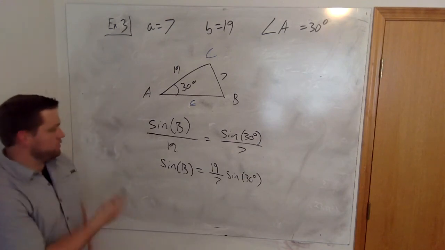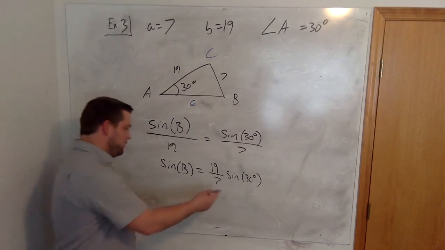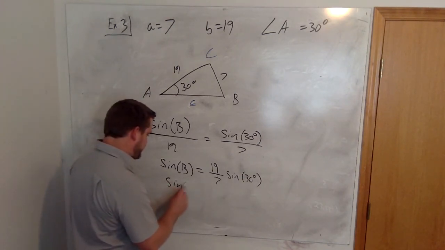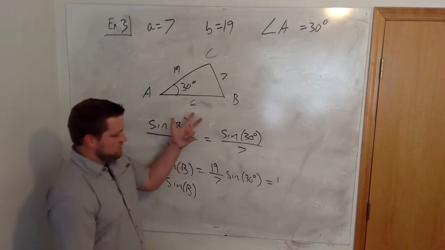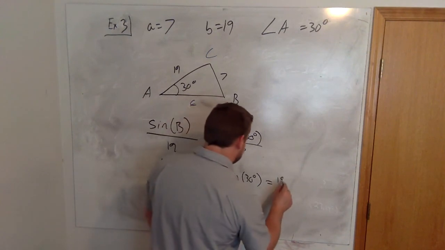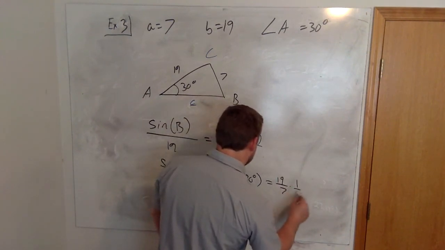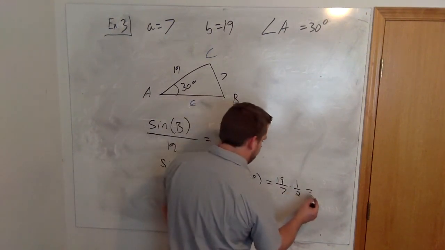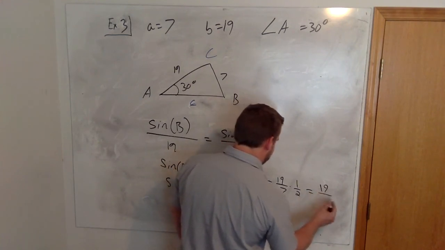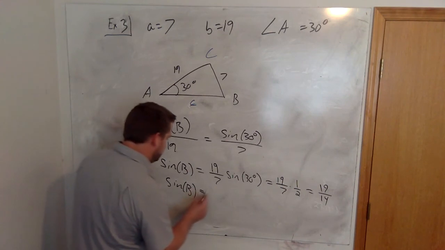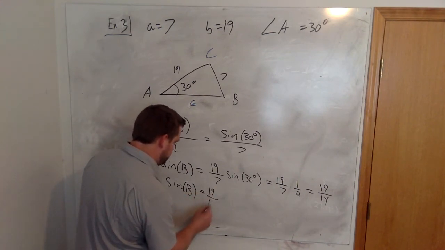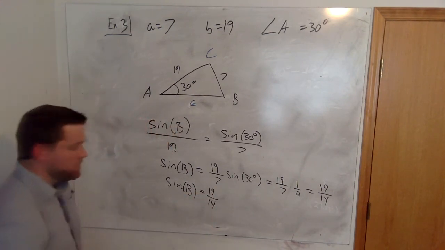Notice that sine of 30 degrees is 1/2. So this is 19 over 7 times 1/2, which is 19 over 14. So sine of B is equal to 19 over 14.